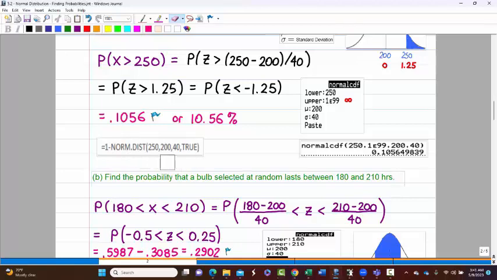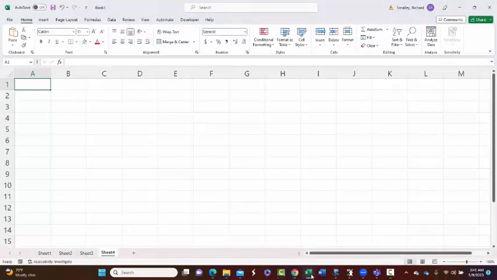And that's what we want. We want to tell it what it is. So we put our X value in, 250. We tell it the mean is 200 and standard deviation is 40, and it's still going to be true, but we do 1 minus. I didn't show the answer there, but I would not have posted this in the notes if it did not produce that answer, but maybe I should do it anyway.